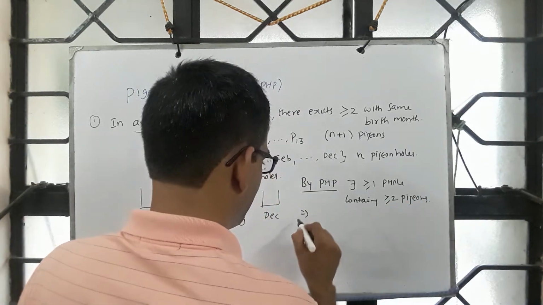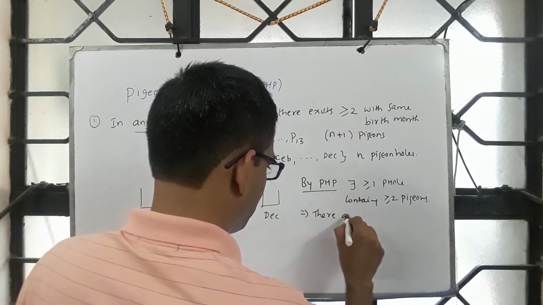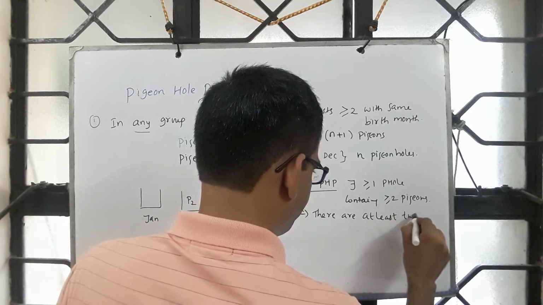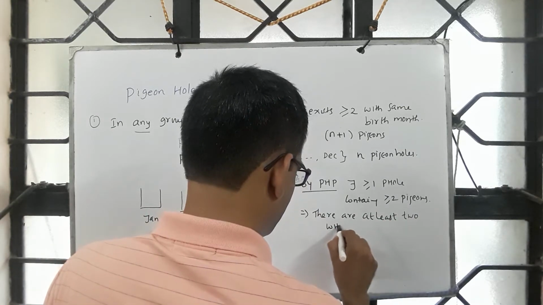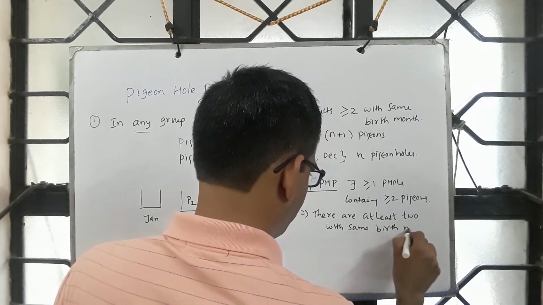This implies that there are at least 2 with the same birth month.